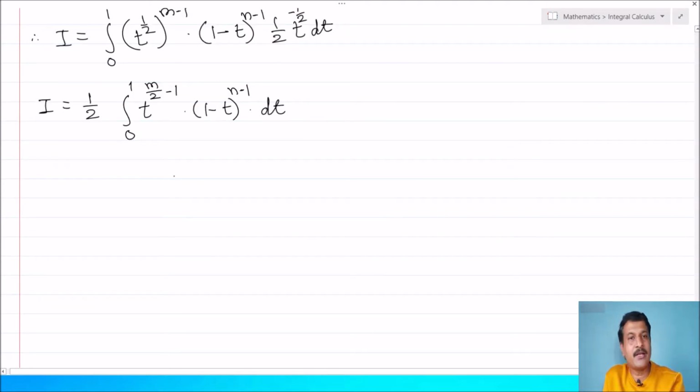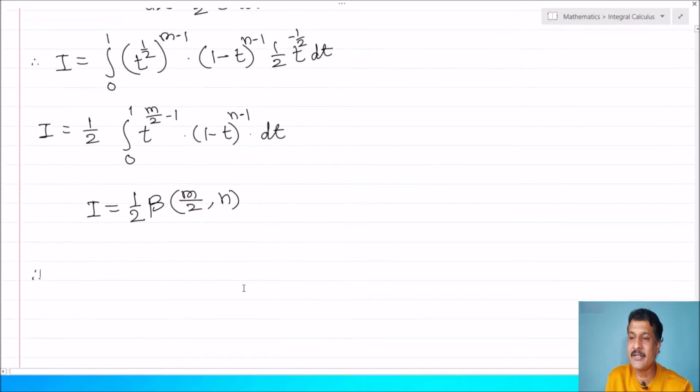So by the definition of the beta function, I am getting I equal to this 1 by 2 as it is, here beta, power plus 1. Because t raised to m by 2 minus 1, power plus 1 gives m by 2, and here n minus 1 power, so that is why n. What is I?